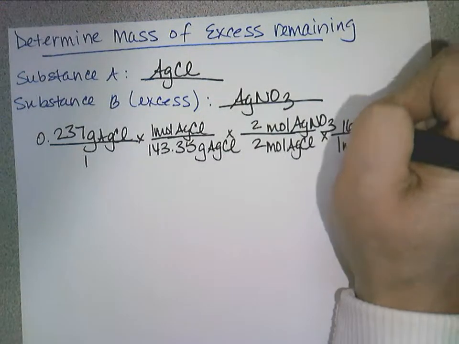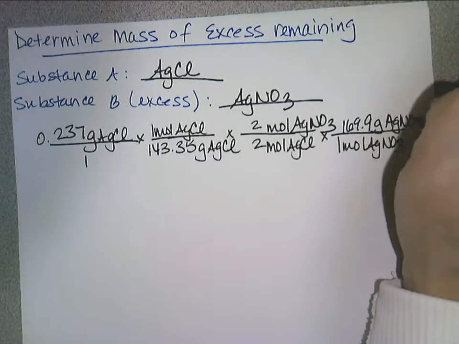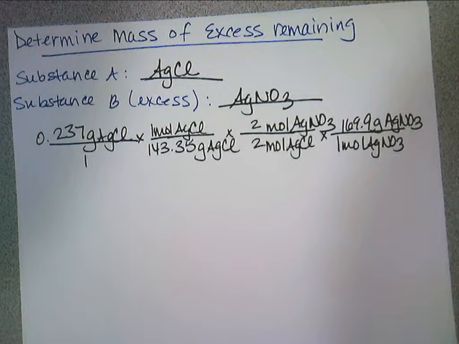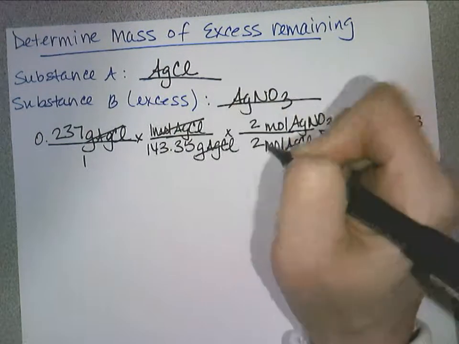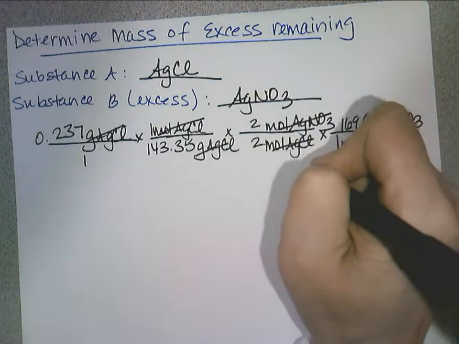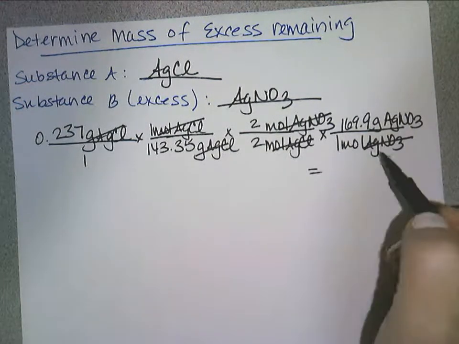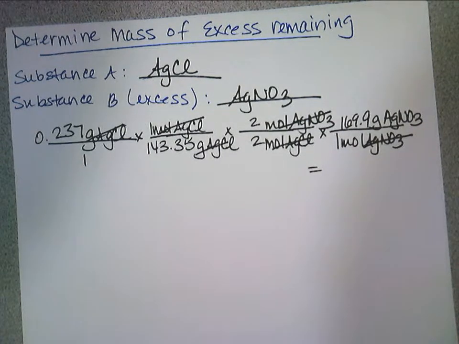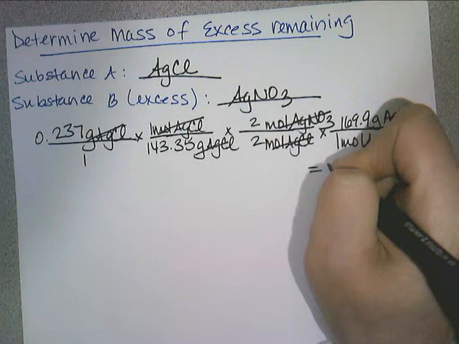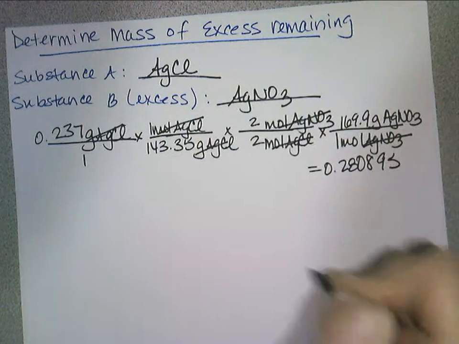There's 169.9 grams of AgNO3 in a mole of AgNO3. So that the grams cancel, the moles of A cancel, the moles of B cancel, and we end up with grams of the excess. This is how much got used up in the reaction. So when we find the product of the numerator divided by the product of the denominator, we end up with a calculator number equal to 0.280895.